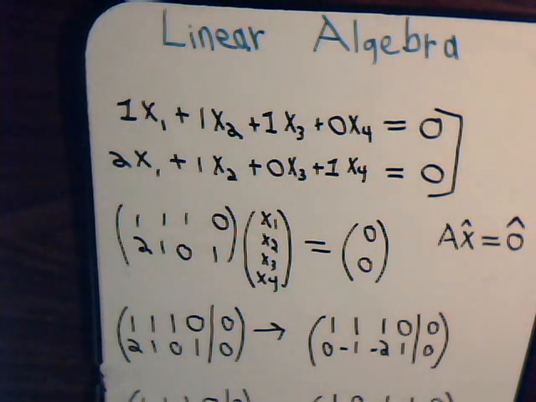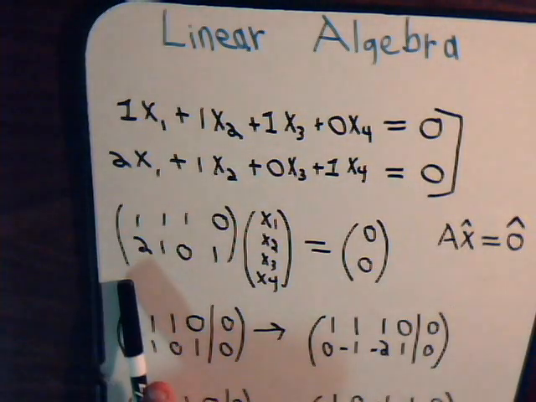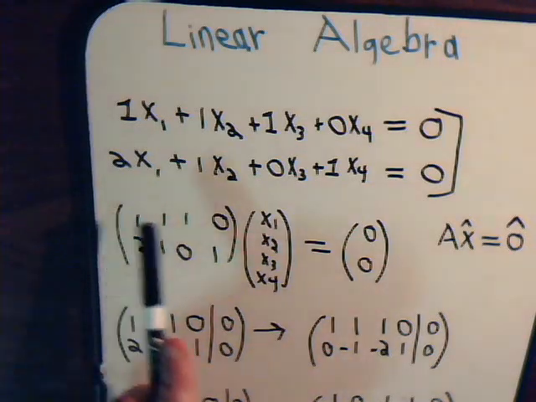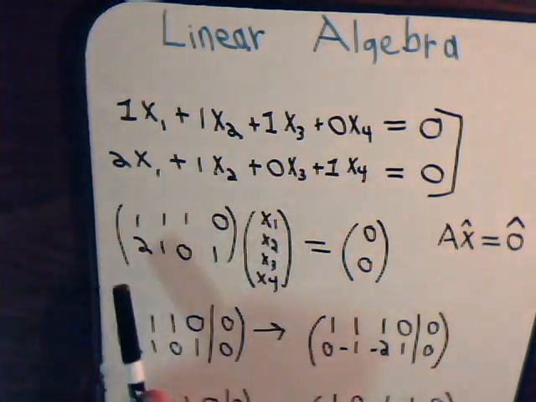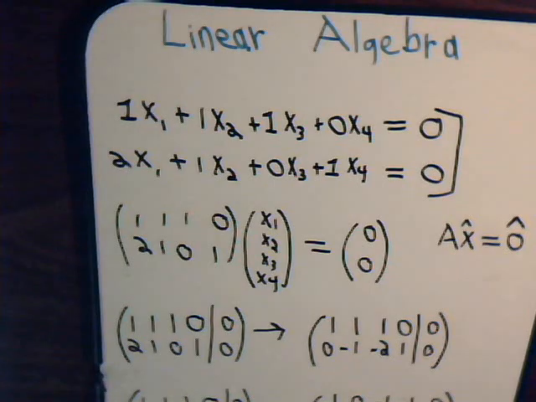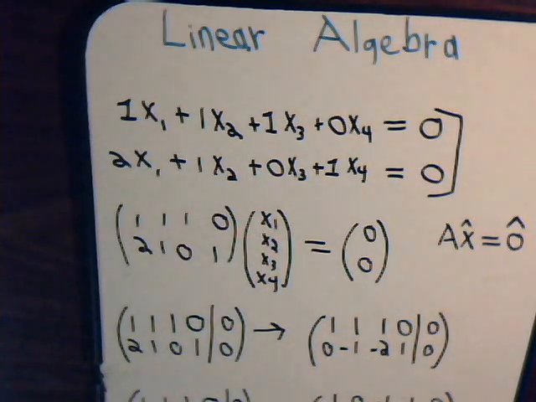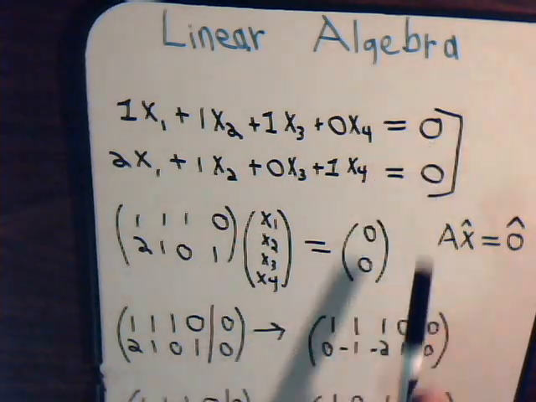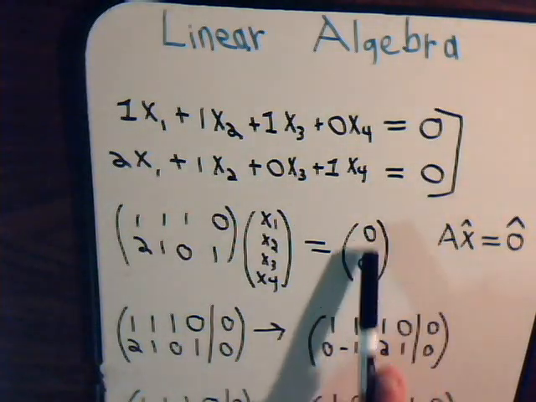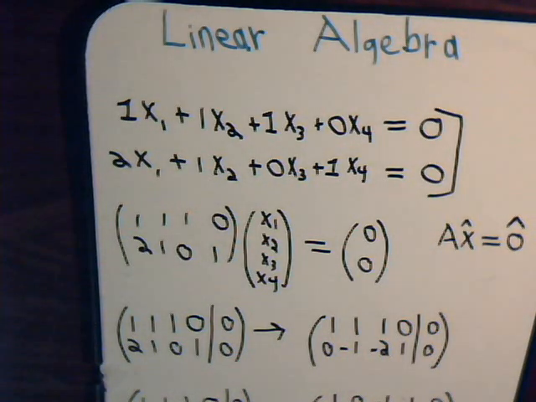Or, as you've seen us do in the previous videos, the same two equations can be presented like this, where we take the coefficients and make this matrix out of them, times a vector that has four components, x1, x2, x3, x4, and that equals the 0 vector that has two components.